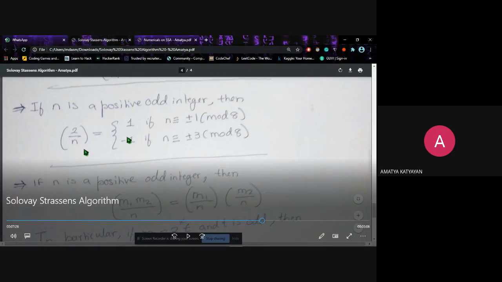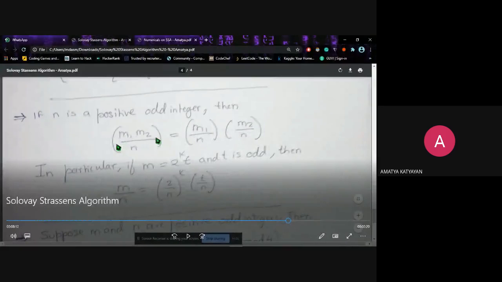In case the algorithms are not noted, you can refer to the video which I'll be sharing after this lecture. The algorithms that you should note, since we'll be using them while solving the problems, are this one, which as I said in the video is very important, and the other one we'll be using in the numericals: m1 by m2 upon n is equal to m1 by n into m2 by n.